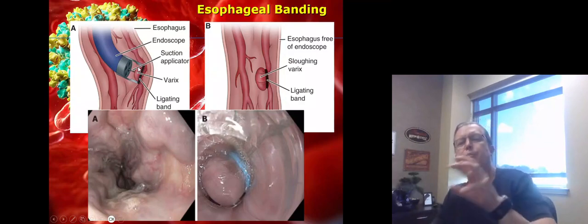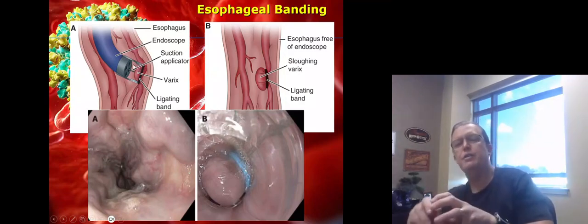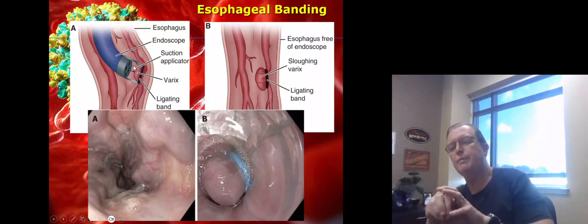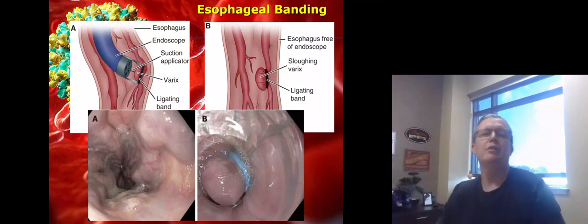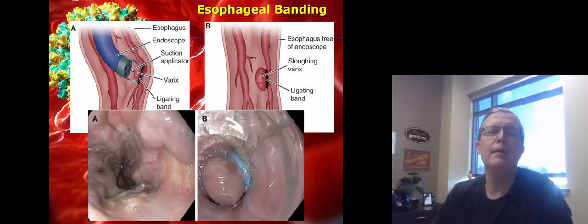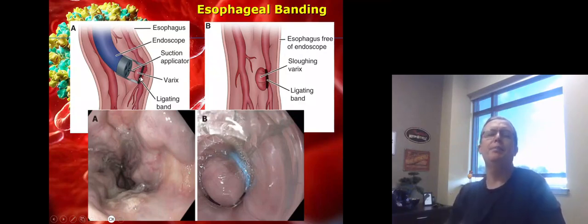That metal structure is like a bracket that allows that variceal area to be drawn up into that bracket. And you see this black band here in this picture as the ligating band that's on the very tip of that device. And the provider will pull a trigger, and that band then will tighten up.